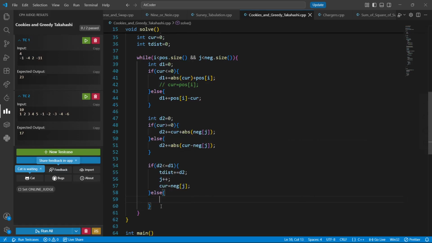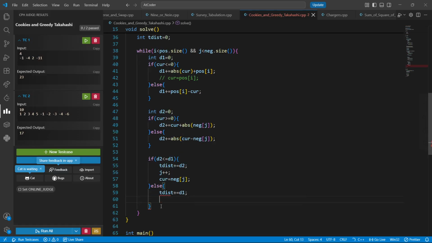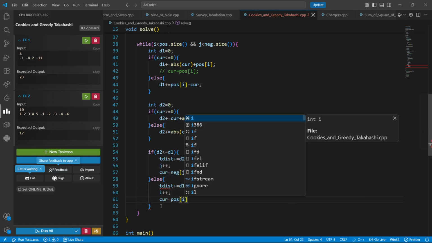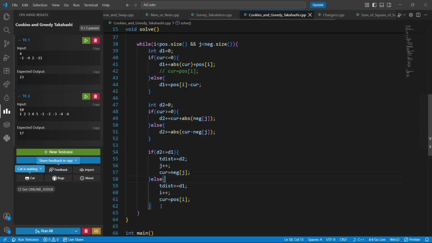Else it will be the other case: total distance adds d1, i is going to increase and the current position will be positive of i. Before increasing i and j, do this: you have chosen the ith cookie, so he'll be at position i, and then you increase i, or in this case j.